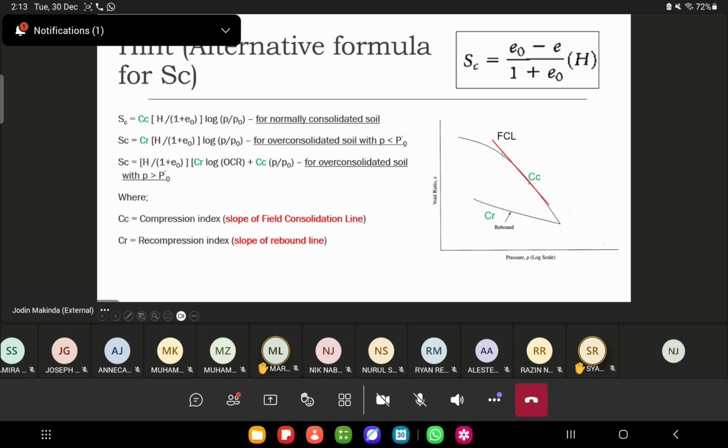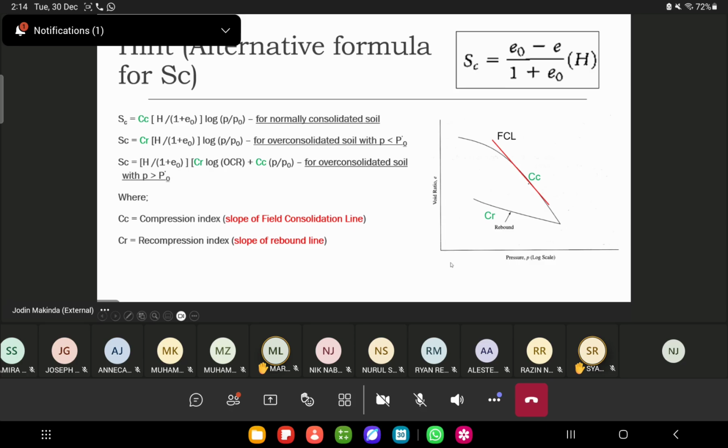So you look into your void ratio against log pressure graph, and you can find the slope of the consolidated soil. The slope is CC, or the coefficient of compression. So you can use that as an alternative formula.